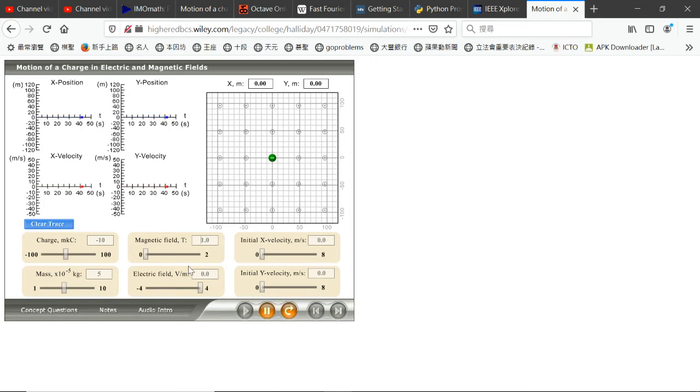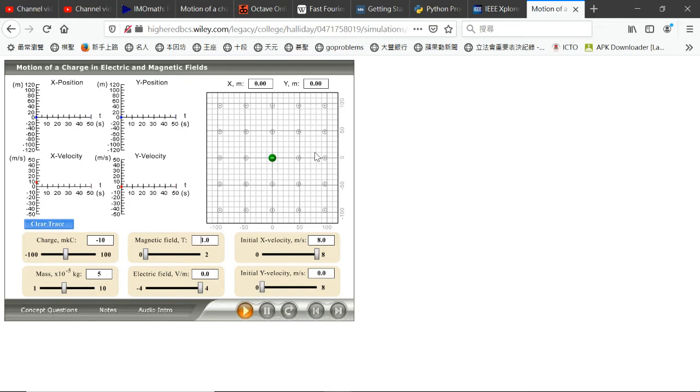So let me do something else. I make the vertical velocity 8, which means moving to the right is the positive x-axis.